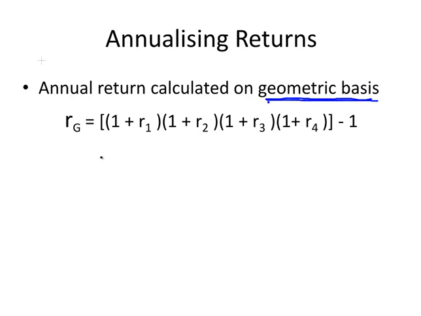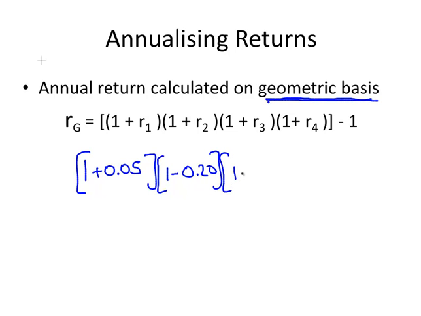So, the geometric basis: 1 plus 0.05, times 1 minus 0.20, times 1 plus 0.10, and 1 plus 0.05, and we multiply all of those numbers out together and then subtract 1.